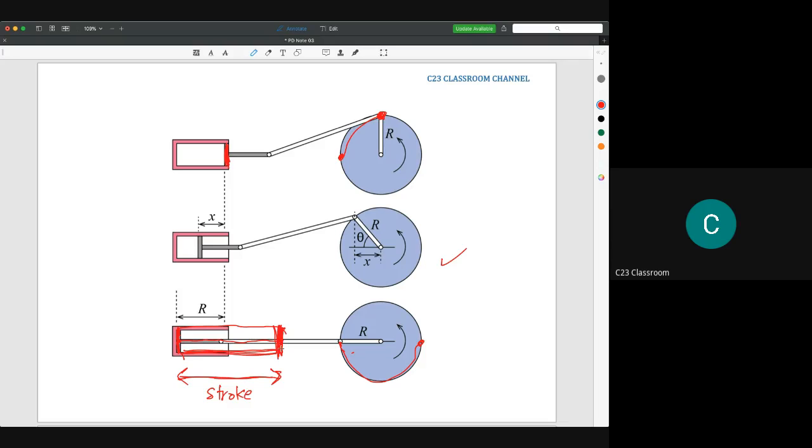And this distance is equal to the diameter of this rotational device. So if you want to get the radius here, you may get it if you divide the stroke value by 2. So you could write R is equal to stroke divided by 2.